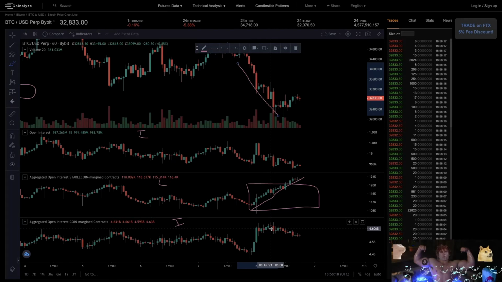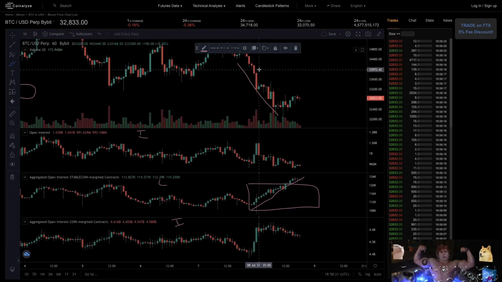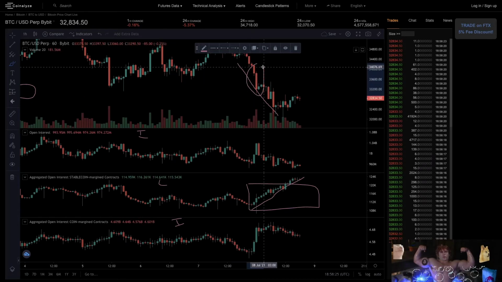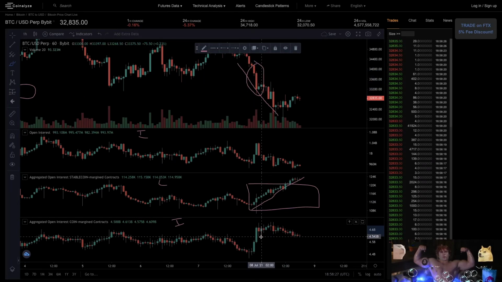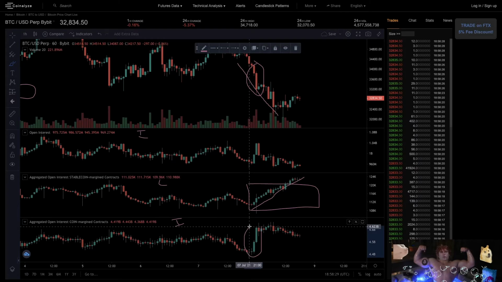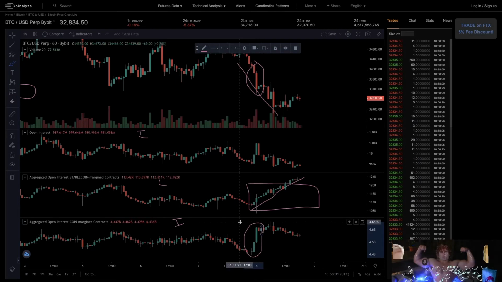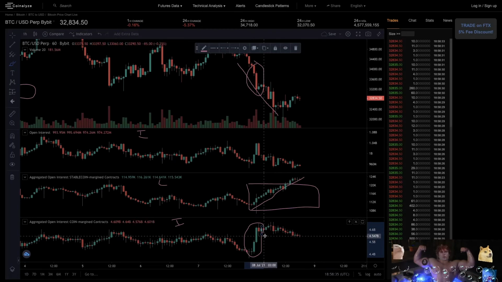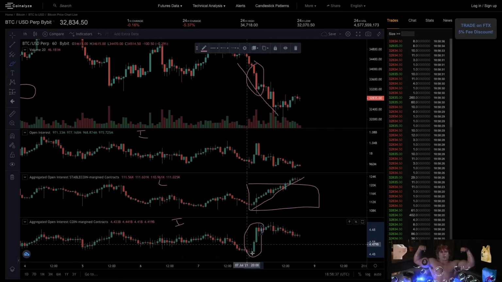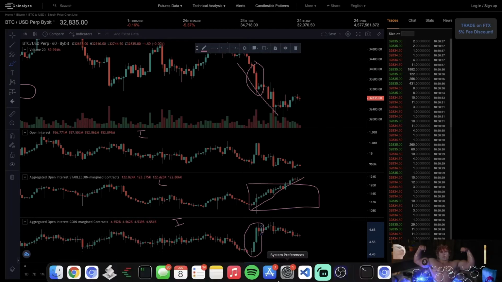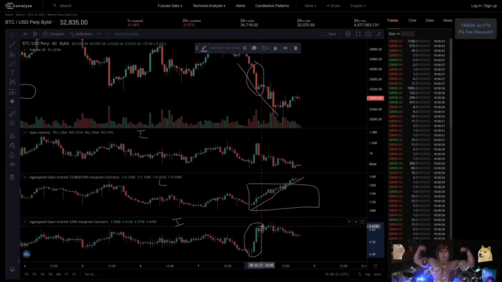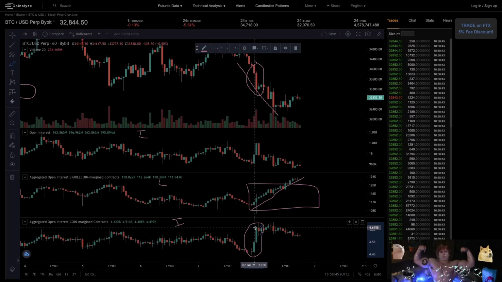If you look at this, you see how we dumped here, and you see how open interest went up? You may tell yourself, oh, look at how many people opened shorts here. But just as many people who opened shorts also opened longs, at least inside of the exchange.